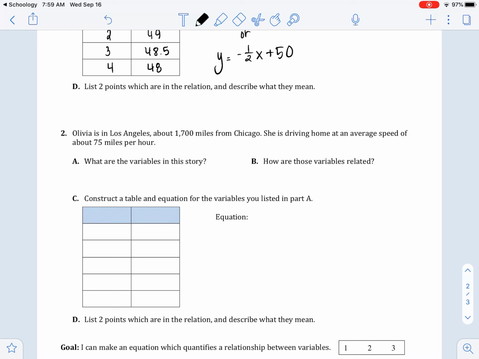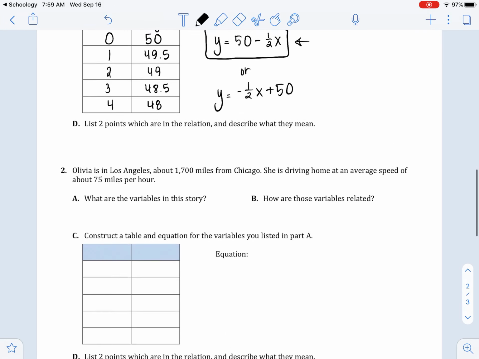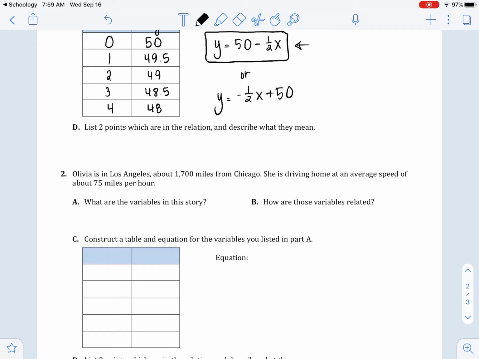Okay, so list 2 points which are in the relation and describe what they mean. I'm just going to use my table. I'm going to do this one first. I just randomly chose. So I'm going to list the point (2, 49), and I'm going to write a sentence that describes what that means.